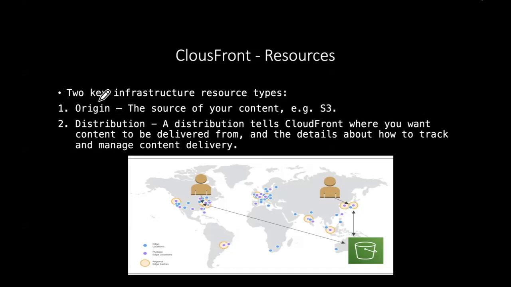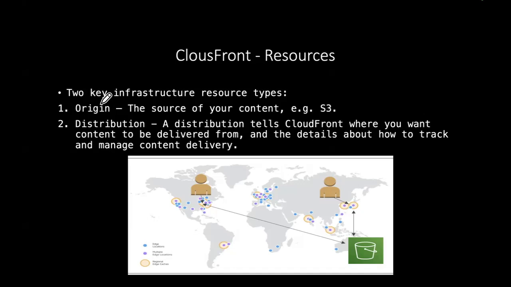The origin resource represents the source of your content, which in our case is S3, but there are other potential origins for a CloudFront distribution. That's a very tangible thing, the origin. I'll call them constructs really to use the CDK term. These are two L2 CDK constructs, an origin and a distribution.